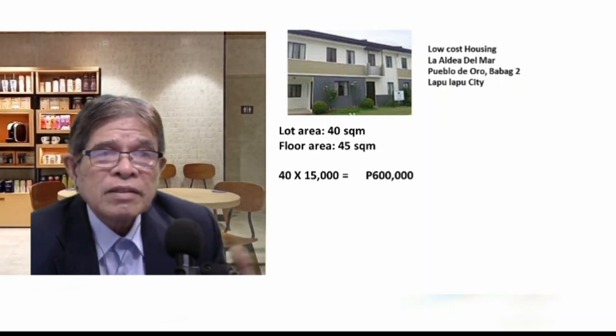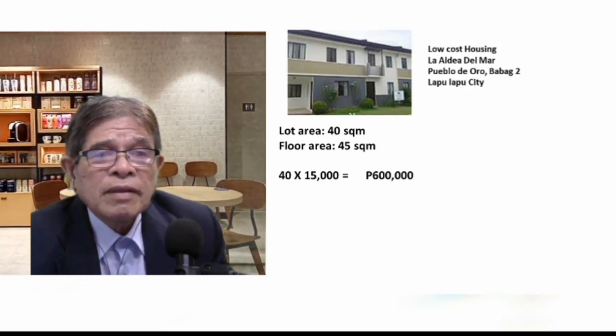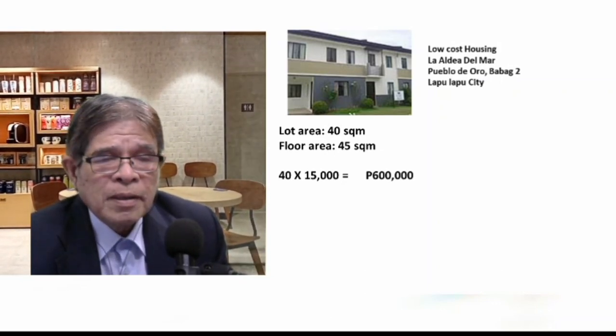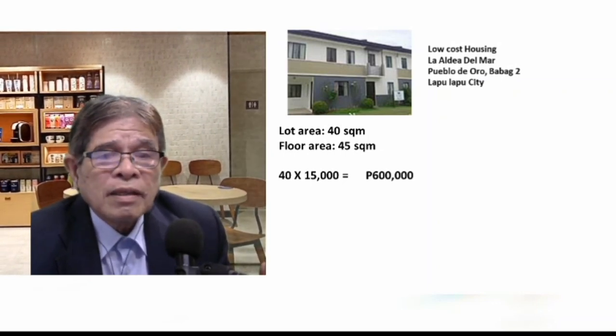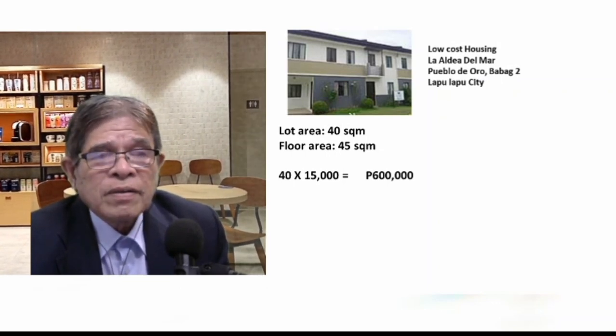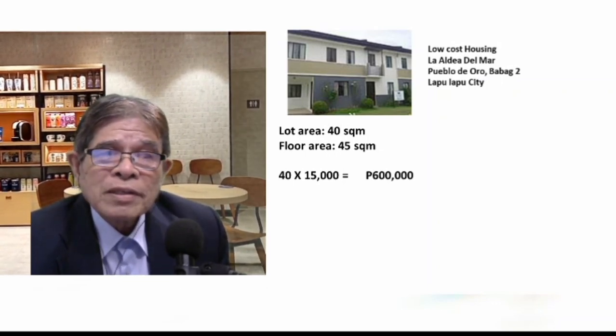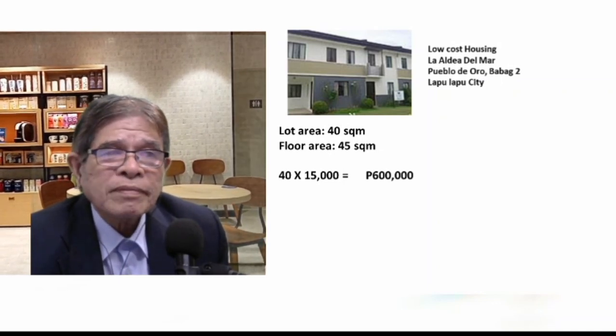And since this is a low cost subdivision, it could be lower, but not too low because the lots for sale there are rare. So 40 square meters times 15,000 equals 600,000.